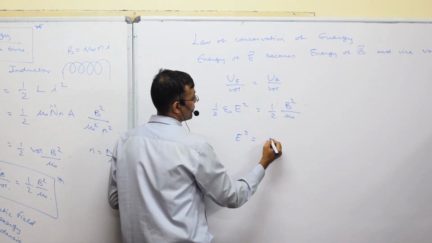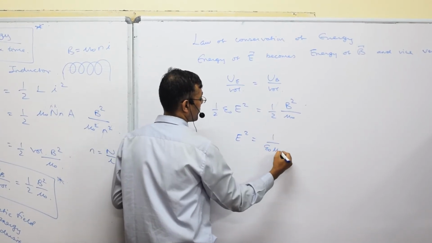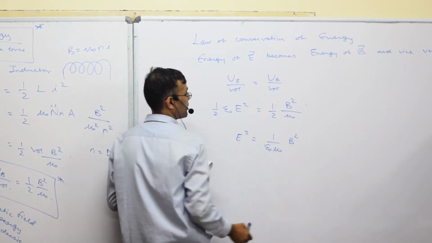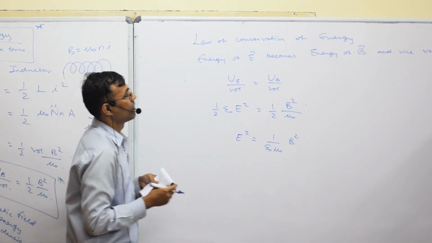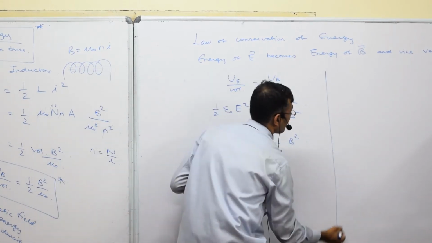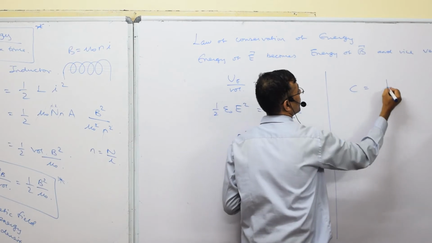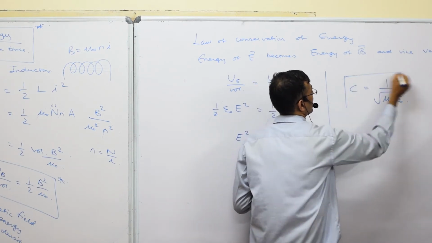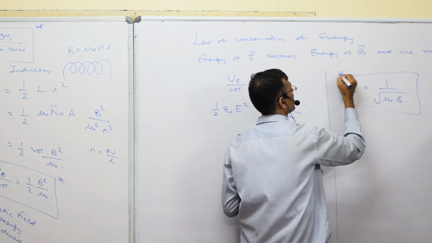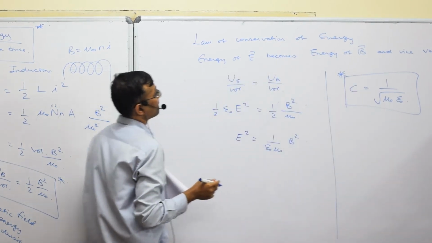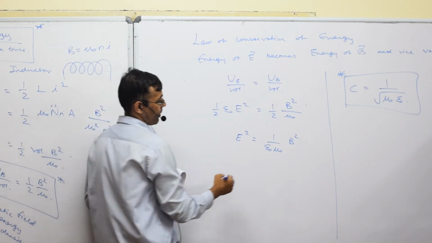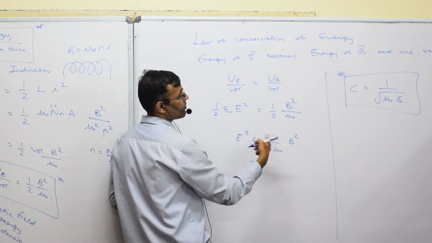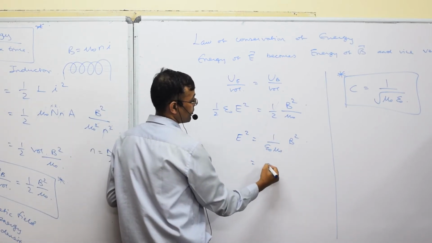E square is equal to 1 by epsilon naught mu naught B square. So C is equal to 1 by square root of mu naught epsilon naught. So this is another relationship you have to remember. So this is nothing but C square.